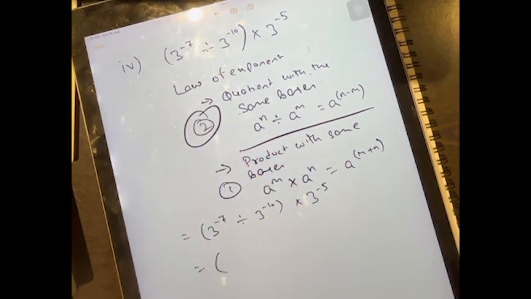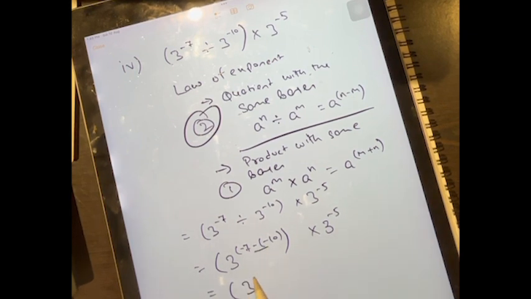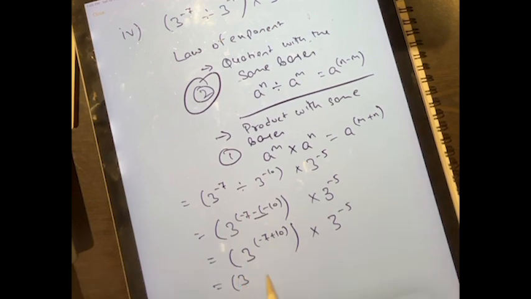This will become 3 raised to the power of minus 7 minus minus 10, which becomes plus 10, multiplied by 3 raised to the power of minus 5. This will become 3 raised to the power of 3 multiplied by 3 raised to the power of minus 5.